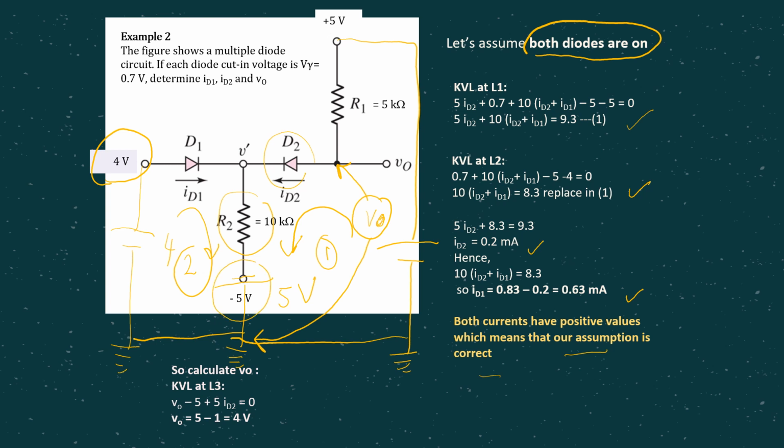Or you can see from the other side, where V0 at this particular node with respect to the ground can also be equal to the voltage across R1 plus the 5 volt. So you can see from both sides, but it's just the same thing. Then if you calculate, you're supposed to get V0 equals 4 volt.